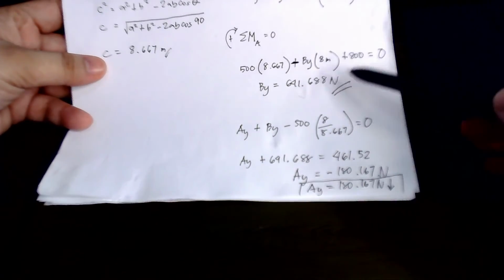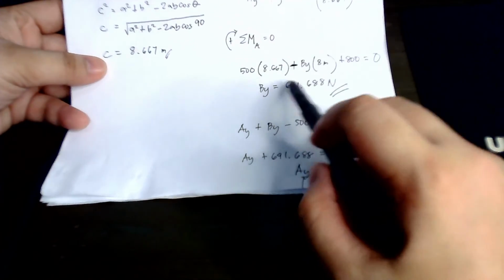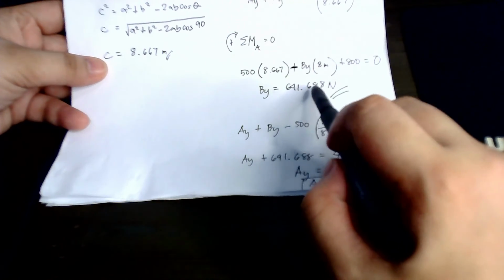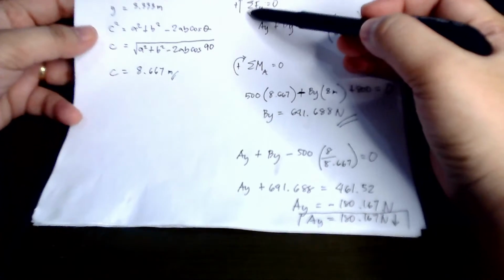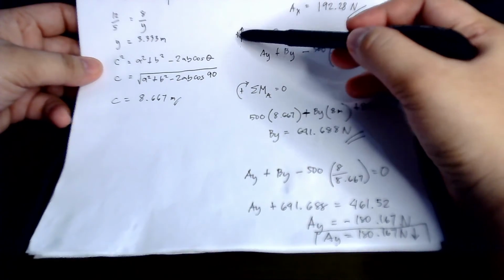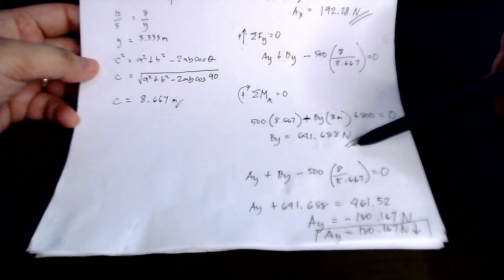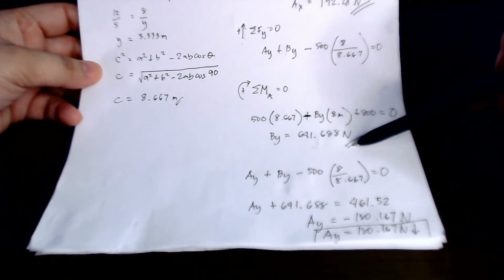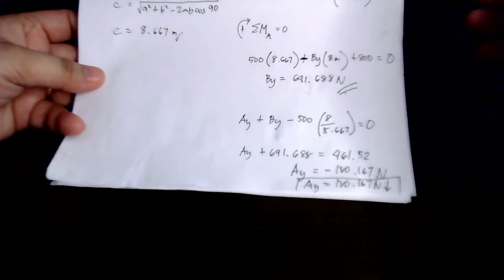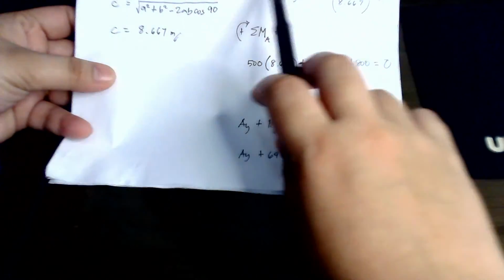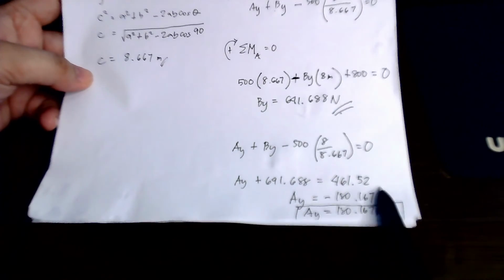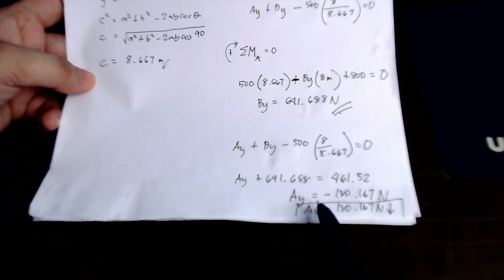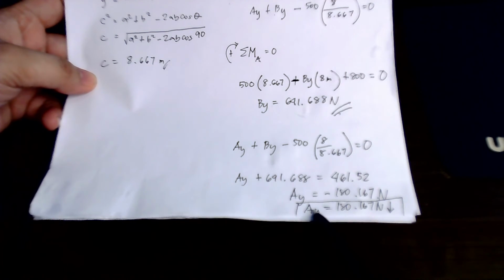So let's solve for BY. You will get BY positive, so our assumption that BY is going up is correct. But for AY, our assumption is going up positive, and you get an AY that is negative, therefore our assumption is wrong.